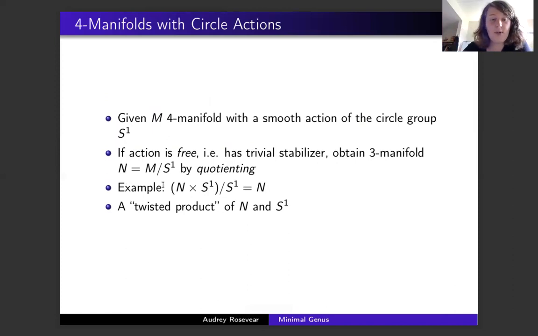The basic example is N cross S1 mod S1 is equal to N. But in general, you can have a twisted product of N and S1 that will be M.